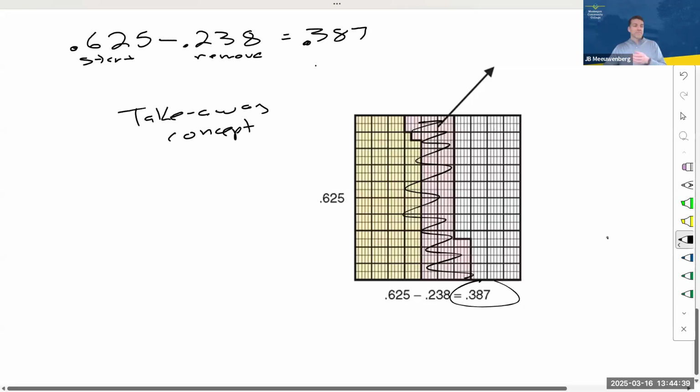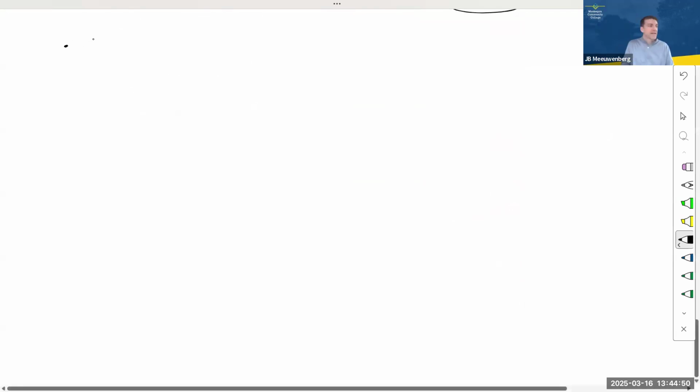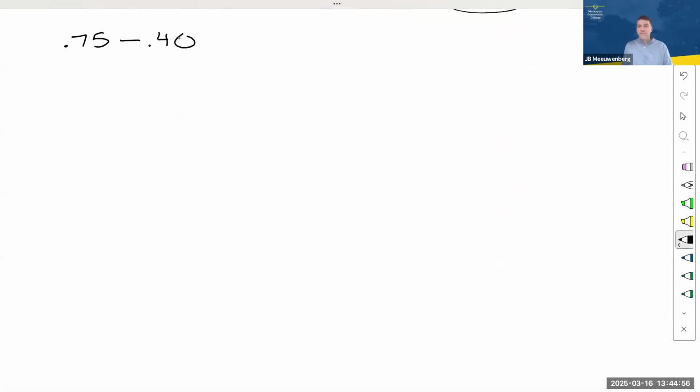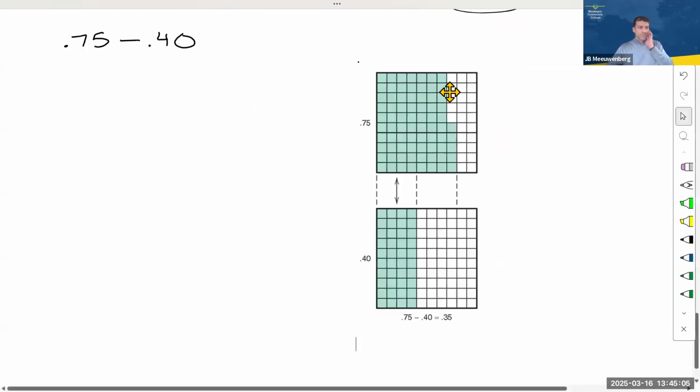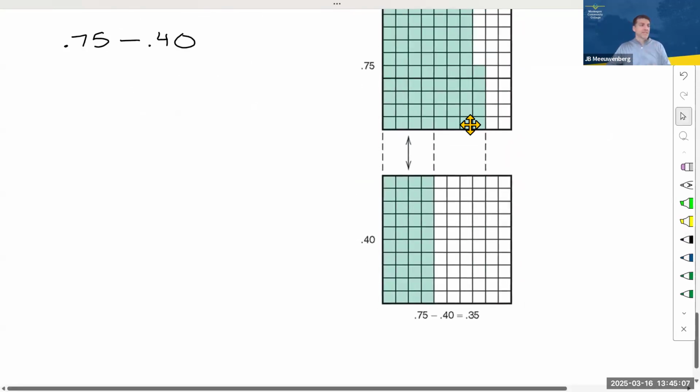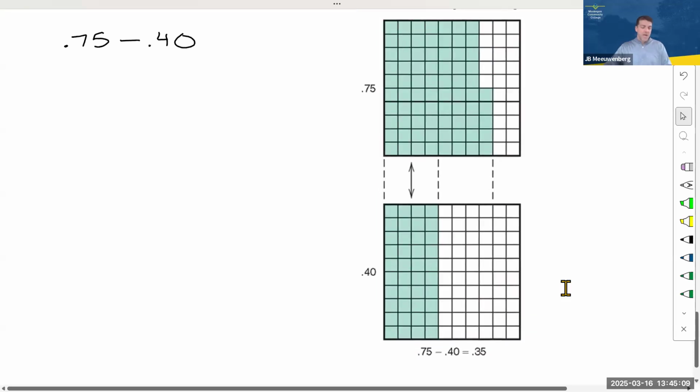The other two concepts are similar in a way, because they have to do with comparison. And so what we will do is look at this subtraction problem, 0.75, 75 hundredths, minus 0.40, or 40 hundredths. And so we can model this using a visual like this.